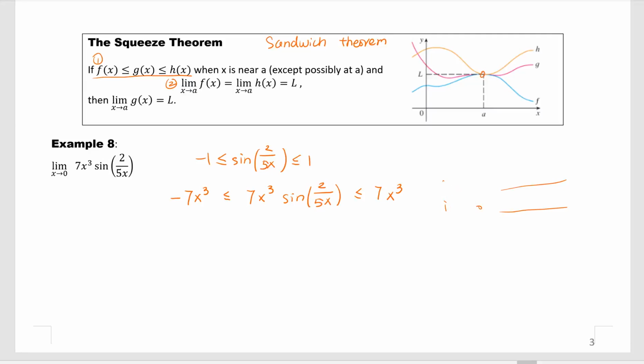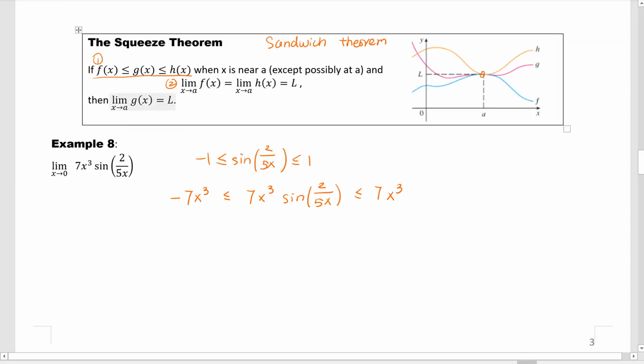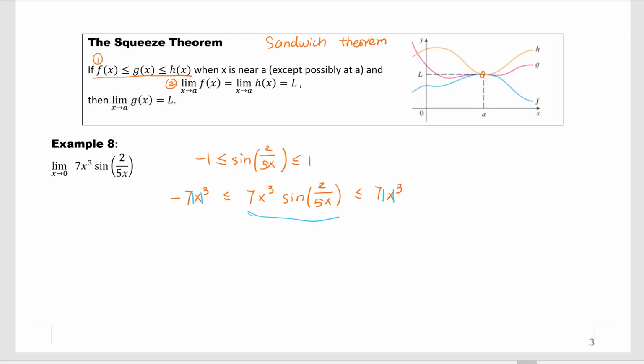There's one way to avoid separating into cases, and look at me carefully: put an absolute value here. Then this is true no matter whether x is positive or negative. Because 7 times the absolute value of x cubed is always positive, and negative 7 times the absolute value of x cubed is always negative, this guy is always bounded between both of them.